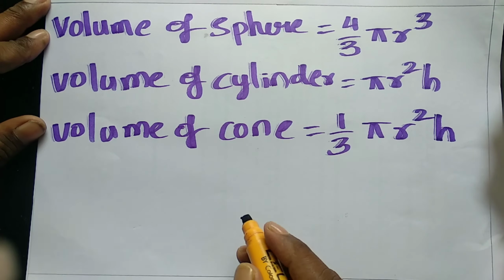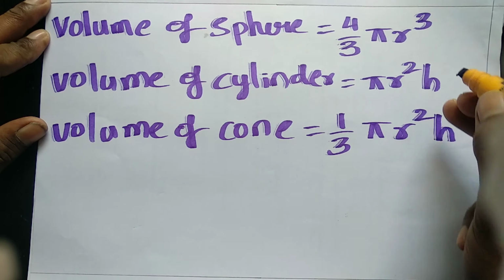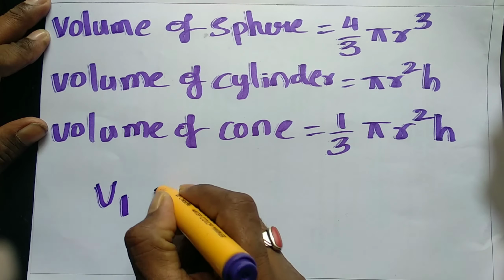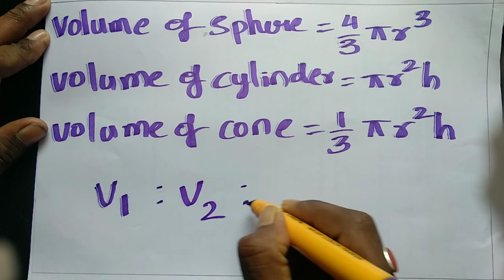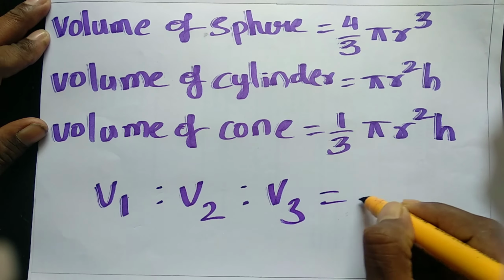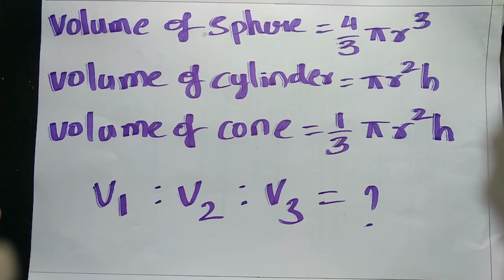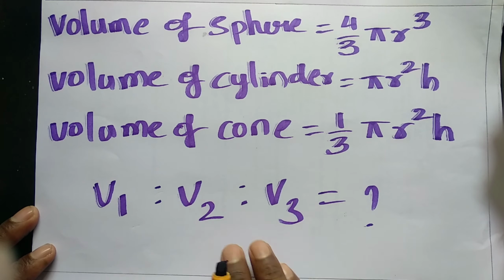This is V1, V2, V3. We have to find V1 is to V2 is to V3, the ratio of their volumes. Also given that these three solids have the same radius and same height.